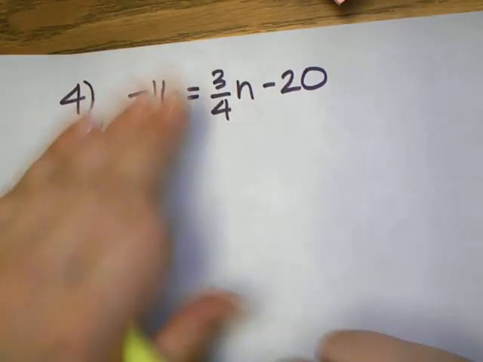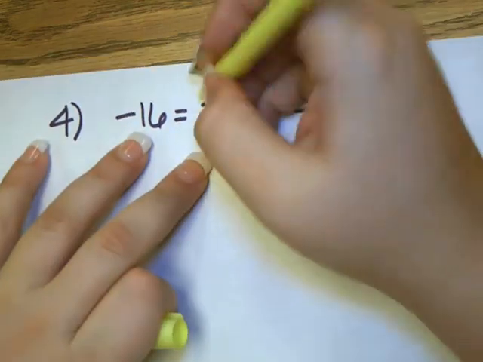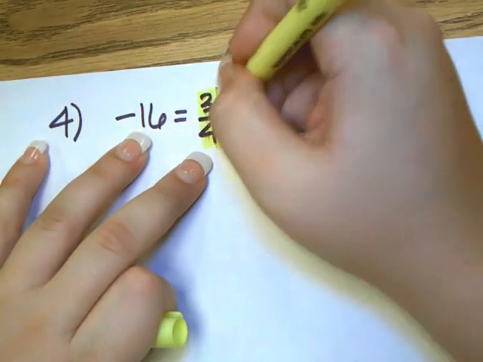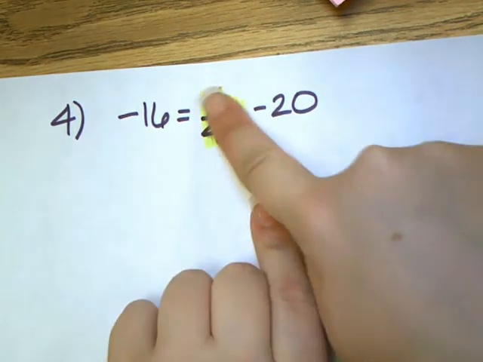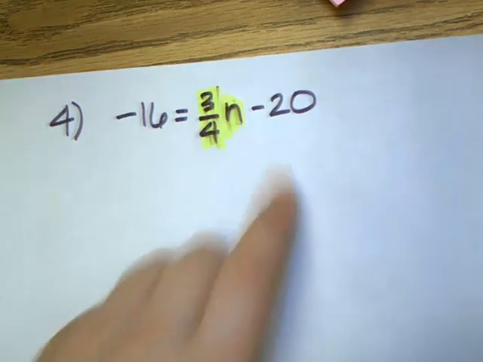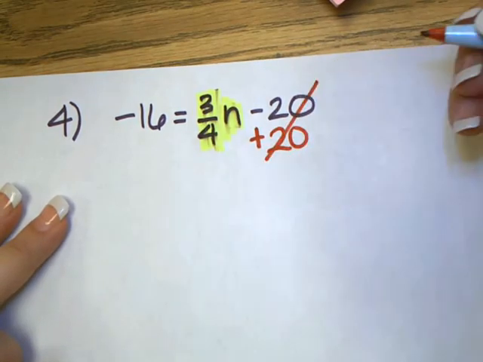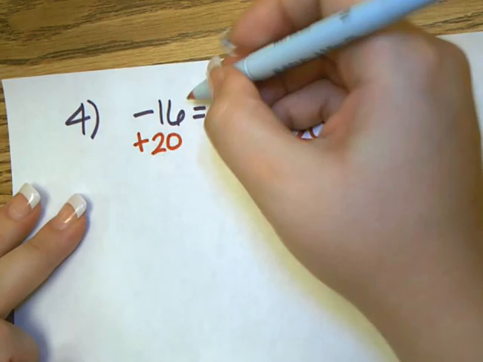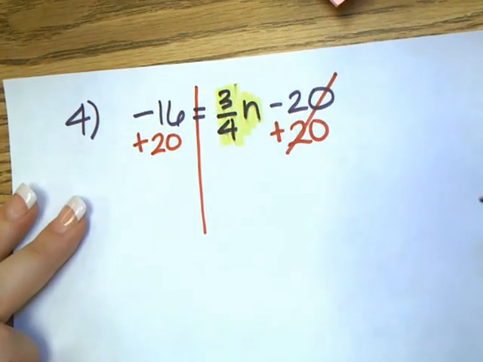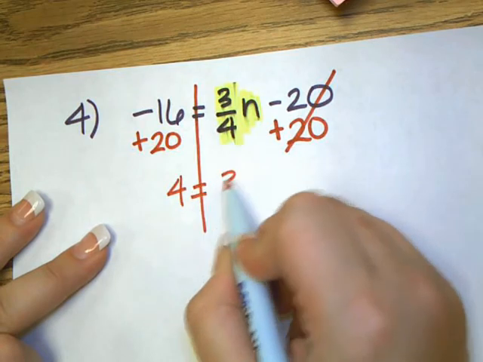Okay, let's take a look at example 4. So we can't simplify that side, so I'm going to highlight the variable term, and that's where I need to start if there's anything on the outside of this. So I need to get rid of that negative 20 by putting a positive 20 here, so now that's 0. So now this is all by itself. Whatever I do to one side, I have to do on the other side of the equal.